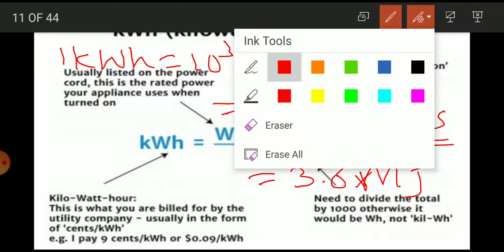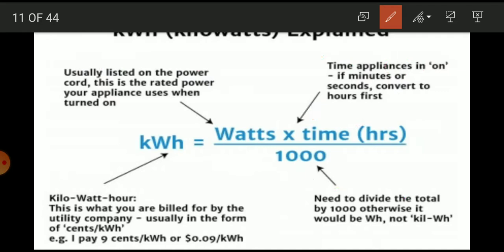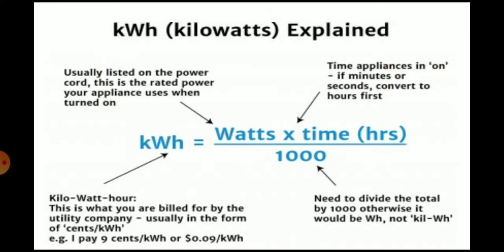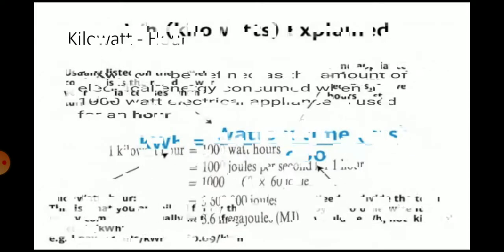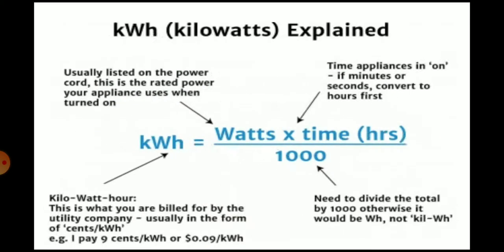Now, the kilowatt hour expression is usually listed on the power cards. This is the rated power your appliance uses when turned on. 1 kilowatt hour is equal to watt cross time divided by 1000.